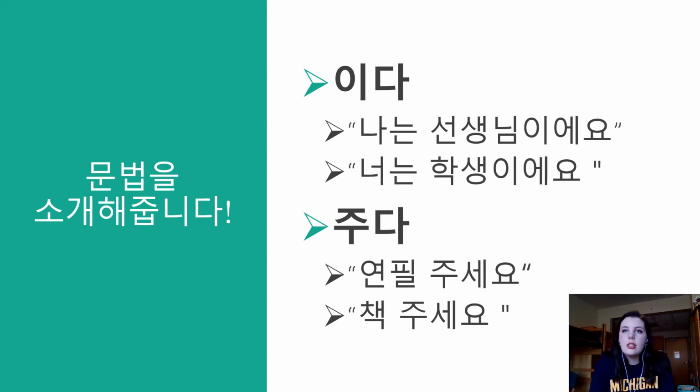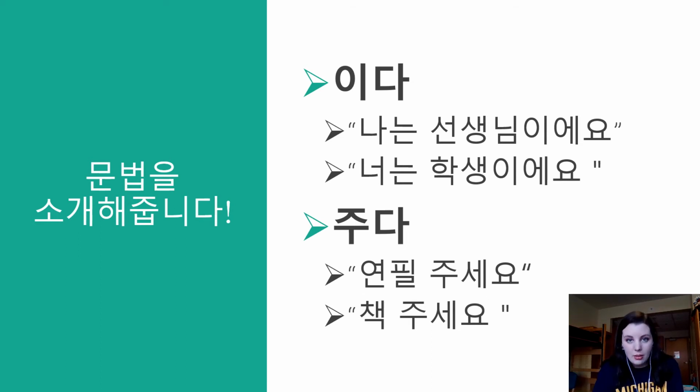So this means to be, kind of like what someone is, right? So one of our first sentence examples underneath 이다 says, 나는, 나 is I, right? 나는 선생님이에요.